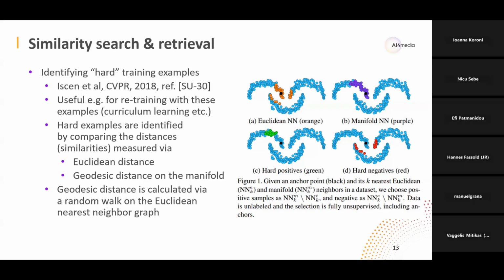Of course, one proxy for that is always the loss, but they have a really elegant approach. They are identifying the hard examples by comparing the distances or similarities to a certain reference point, measured via Euclidean distance and via geodesic distance on the natural manifolds where these samples are lying.